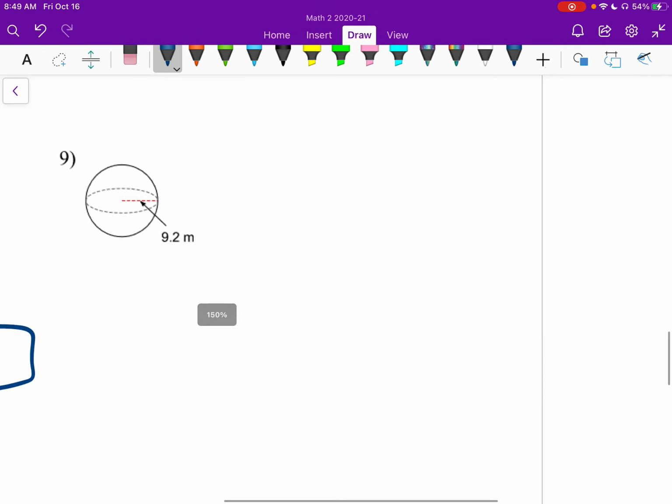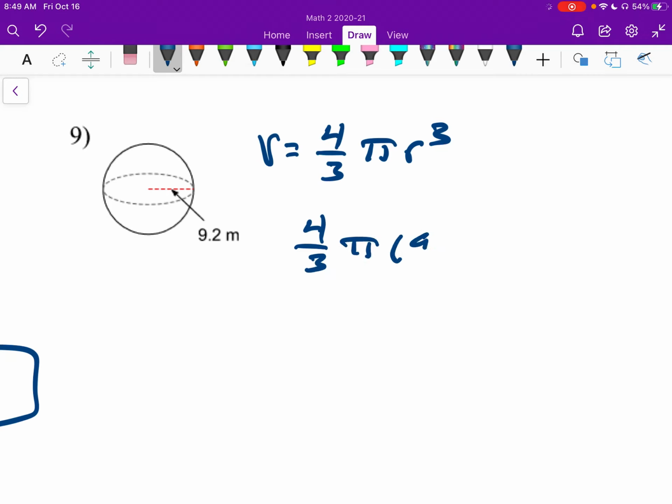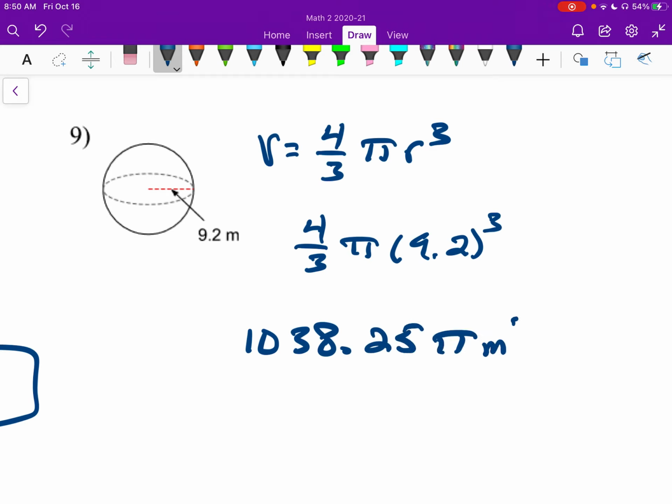All right, number 9, sphere. I think this is one of the easier problems on the page. Volume is 4/3 pi r cubed. I just plug in for r, 4/3 pi 9.2 cubed. So I'm going to say 9.2 cubed times 4 divided by 3 gives me 1038.25 pi, and that's meters cubed.